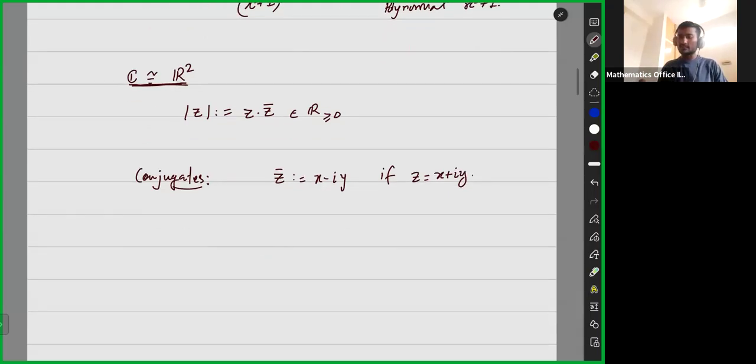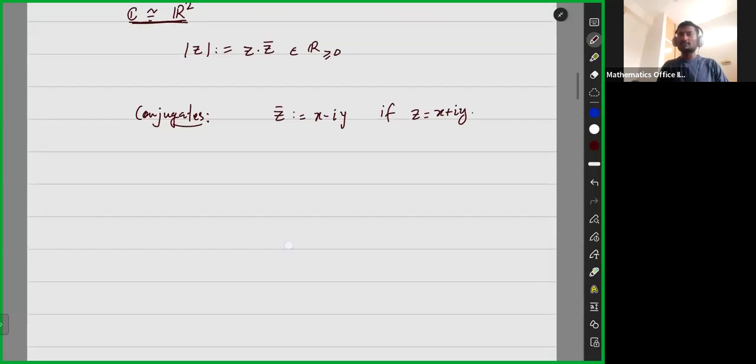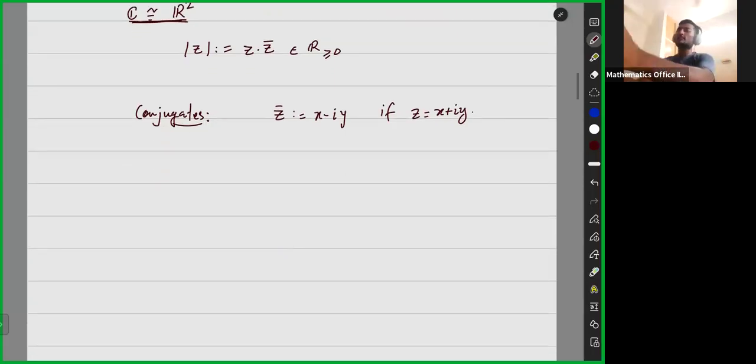This way, right? Next, what we did, we defined a topology. I mean, from the metric structure we define a topology by first defining balls. What are balls? Basically, let me define.